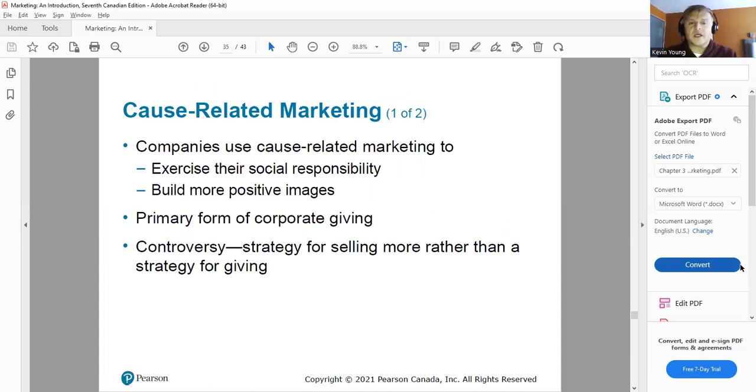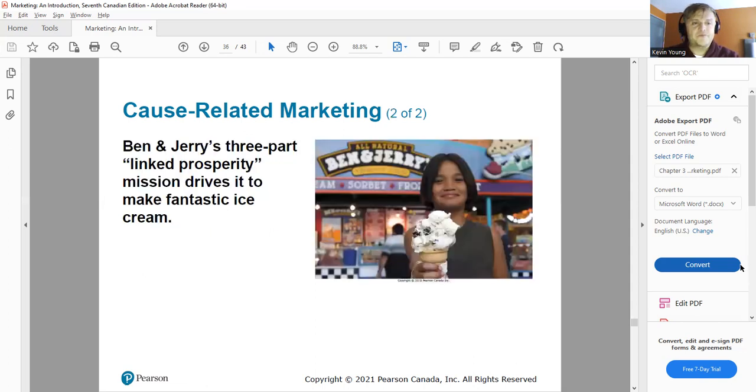Controversy: a strategy for selling more rather than a strategy for giving. I'm not entirely sure what that means. That could be a little bit better explained. It's terrible English. I'll have to take a look at that. I'm not entirely sure what the author meant.